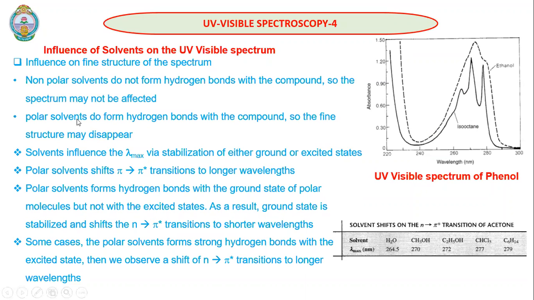But when you have polar solvents, then it is a problem. Polar solvents form hydrogen bonds with the compound. If your compound is ionic in nature or its dipole moment is high, then the compound and solvent will have hydrogen bonding. Solvent influences the lambda maximum via stabilization of either the ground or excited state.